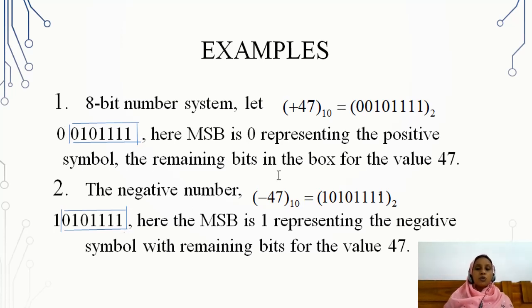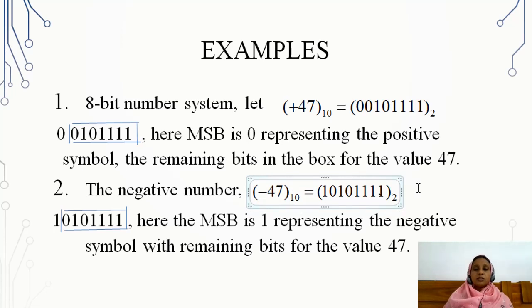Now suppose we have to represent minus 47. In this case, minus 47 is represented in binary as 1010 1111, base 2. Here, the most significant bit is 1. That means this number is a negative number whose magnitude is given by this.